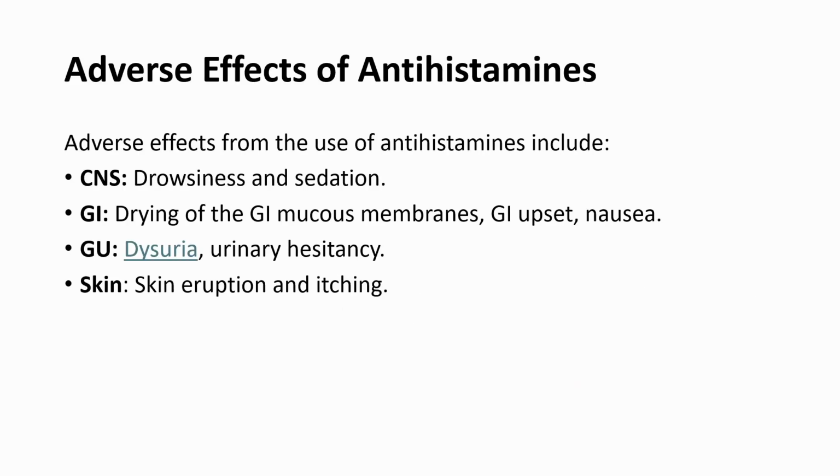Then which are the adverse effects of antihistamines? So there are some adverse effects. We know generation 1 antihistamine drugs cause sedation. So in the CNS there can be drowsiness and sedation, and in the GI system there is drying of the GI mucosal membrane, GI upset and nausea.